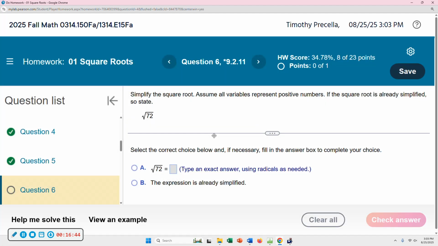If at any time you need to get out of this, quit, go do something, you can click save. It'll save it. In fact, you see how the grade's changing right here? The Pearson grade book updates automatically. If you get the problem right, the grade goes up. As you go through the problems, each time you get a correct answer, a green check, your grade on the assignment goes up.